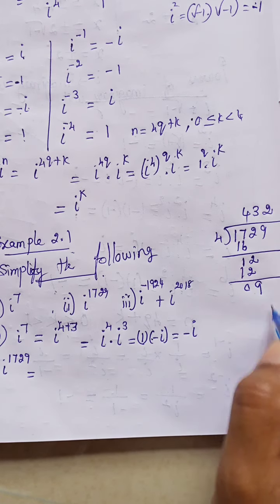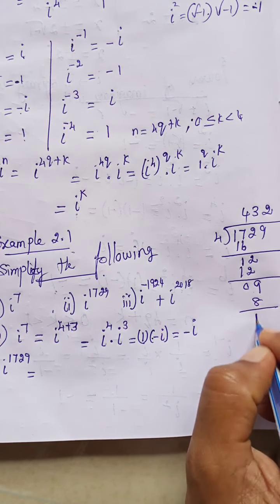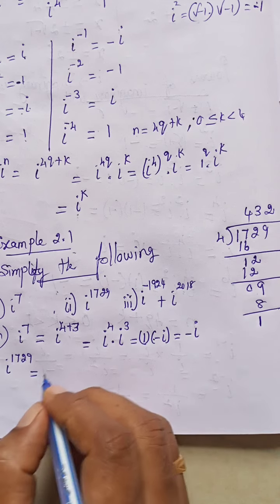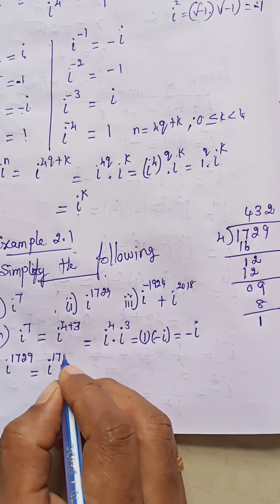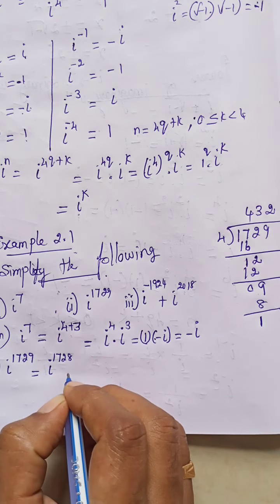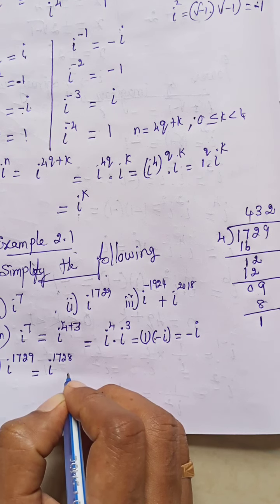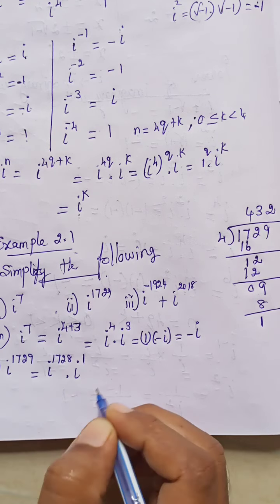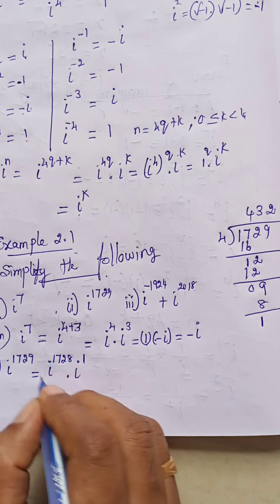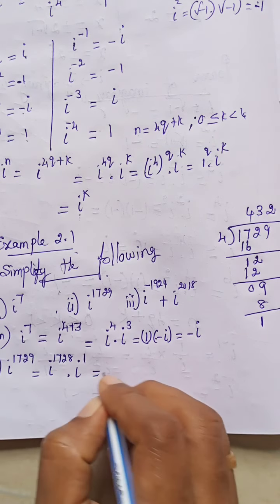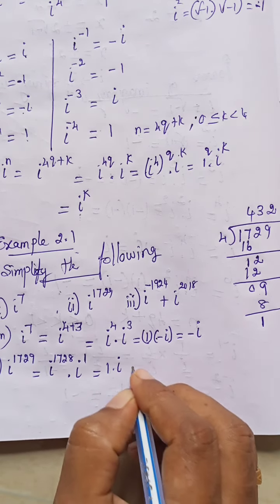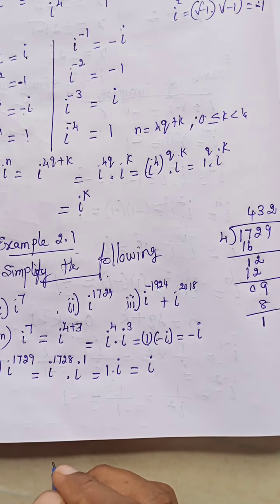Here 4 into 2 is 8. The remainder is 1. So here I can write i^1728 into i^1. Together the value is 1. 1 into i^1 is i. So our answer is i.